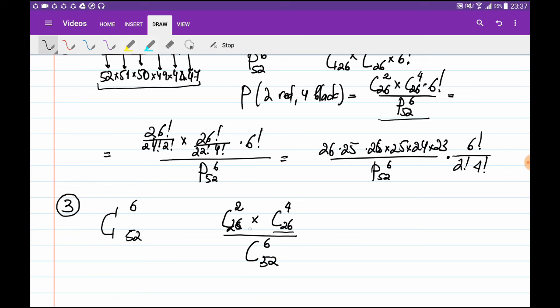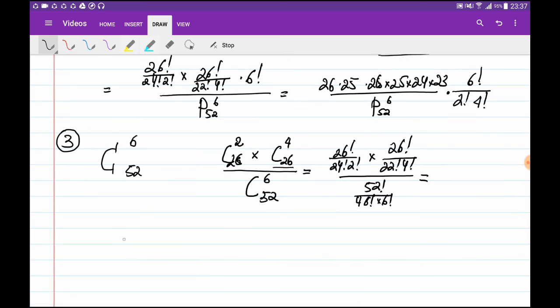Please note that this is the same answer as the previous ones because we can write this down as 26 factorial over 24 factorial times 2 factorial, multiplied by 26 factorial over 22 factorial times 4 factorial, over 52 factorial over 46 factorial multiplied by 6 factorial.